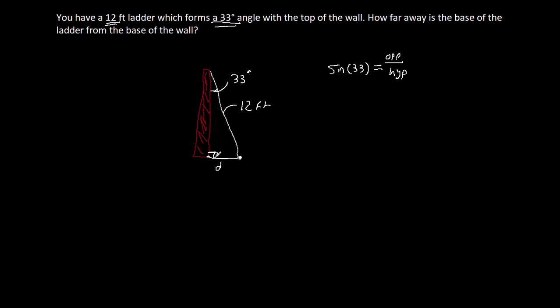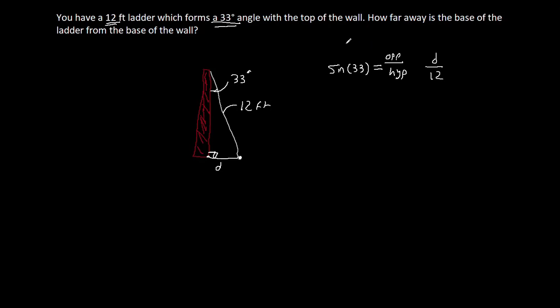This is our right angle, and we're assuming that everything is flush and that we don't have any weird errors here. Opposite side is the side that is not touching the angle. So in this case, the opposite side of 33 is in fact our D. And the hypotenuse is always the side opposite the 90-degree angle, which is our 12.